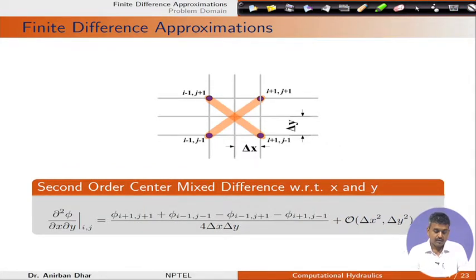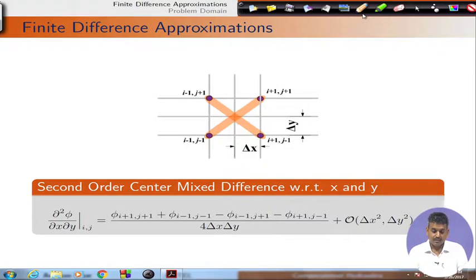And this is the mixed difference with respect to x and y. We need to consider the extreme points. We are considering the mixed derivative at ij. However, we need to consider the points in the diagonal direction.